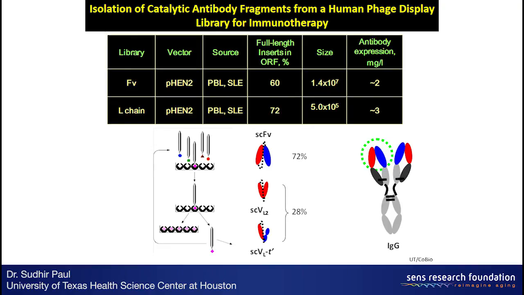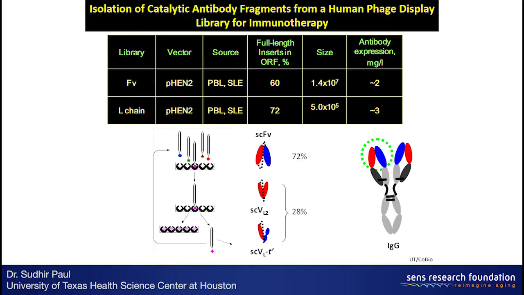So towards that end, we've used a library of antibody fragments. These are single chain FV fragments. Our library also contains, in addition to the single chain FV fragments, single chain VL2 fragments and then single domain VL fragments.